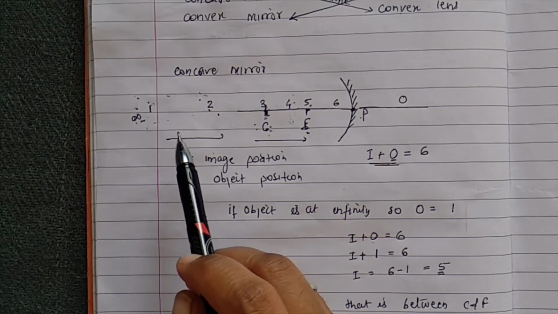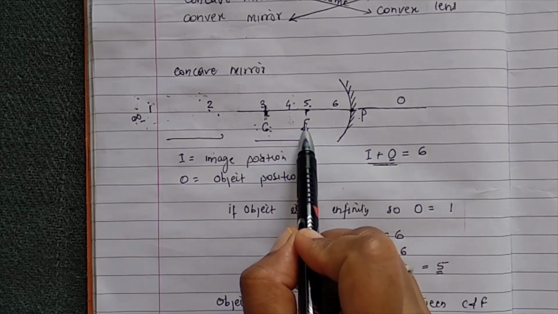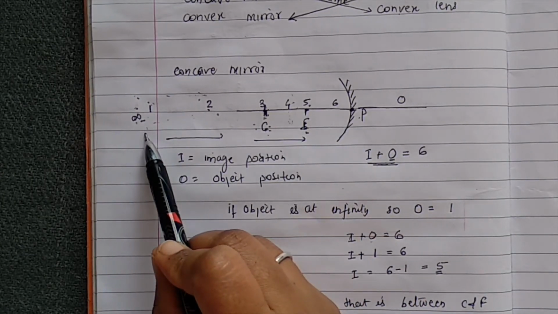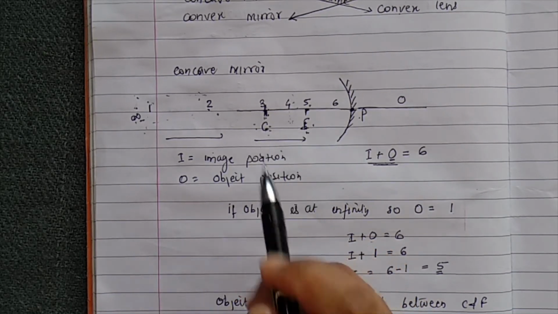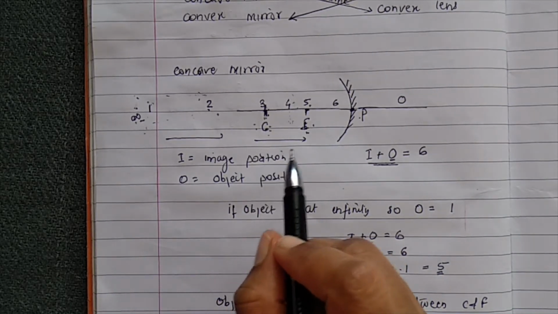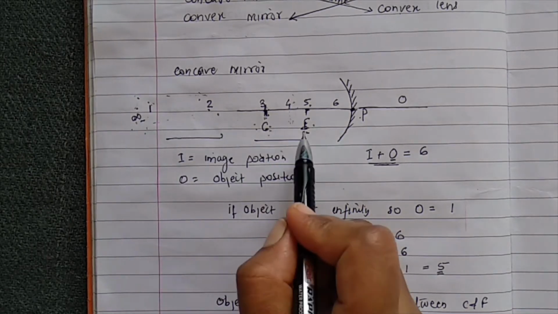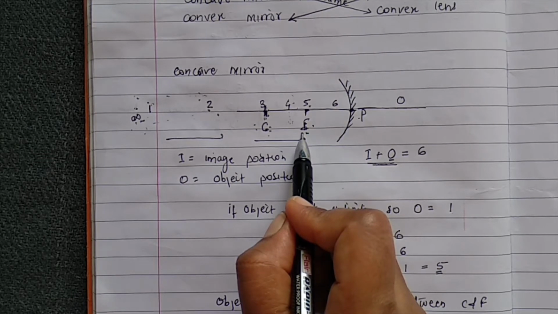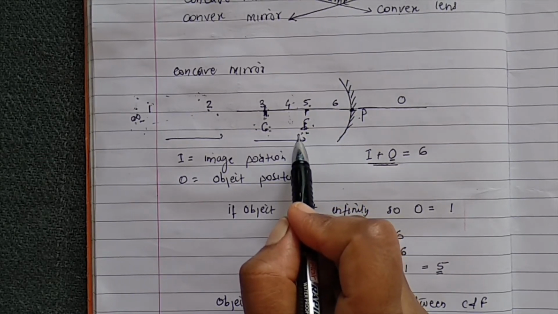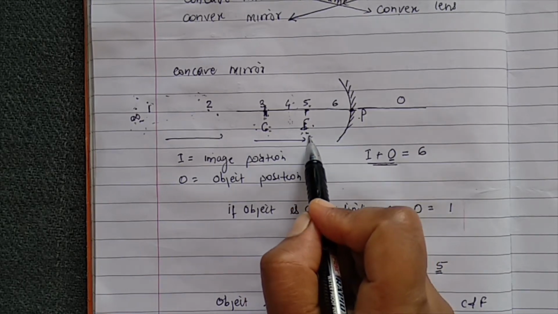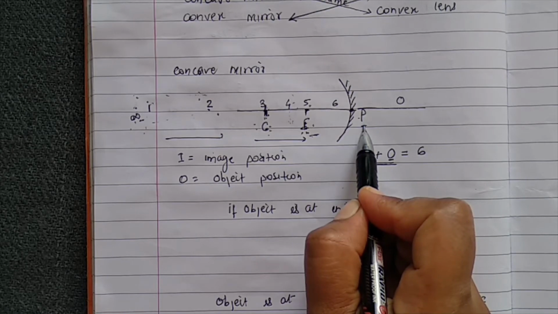If we see the previous figure, from 1 to 5, that is from infinity to the focus, the image will be real. If we keep the object anywhere from infinity to the focus, the image will be real. But if the object is somewhere between focus and pole, the image will be virtual.